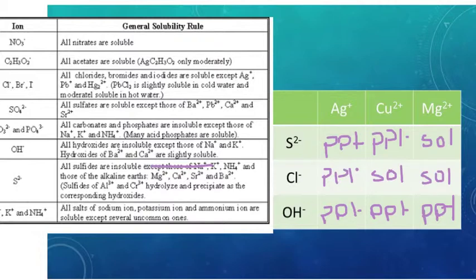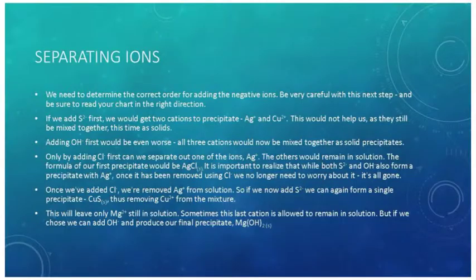Now we have to figure out in what order we are going to add our solutions to precipitate out our positive ions one at a time. So we need to determine the correct order for adding the negative ions. We need to be very careful with this next step and be sure we read the chart in the right direction.